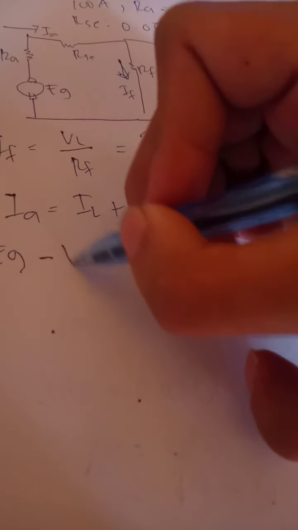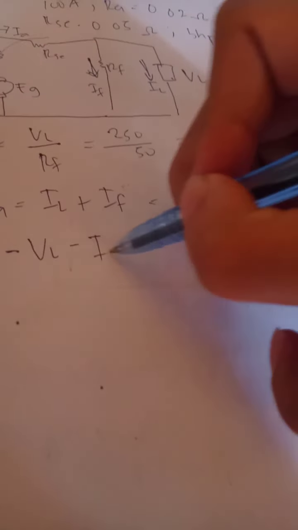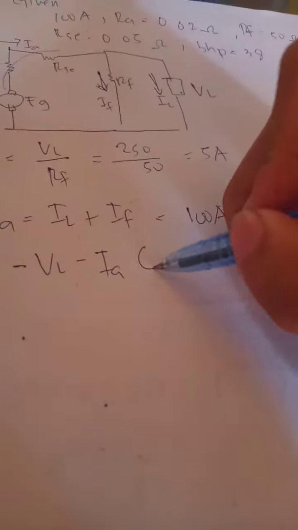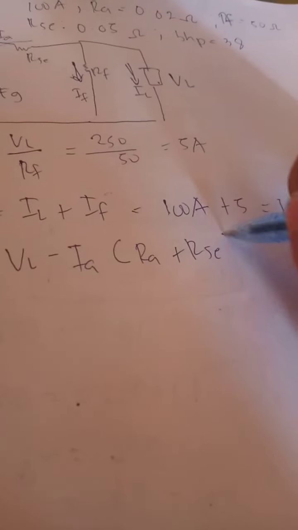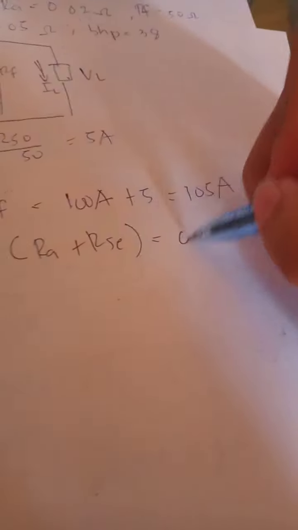Now our EG minus VL minus the voltage passing here, that's IA times its resistances RA plus RSE, should equal 0.